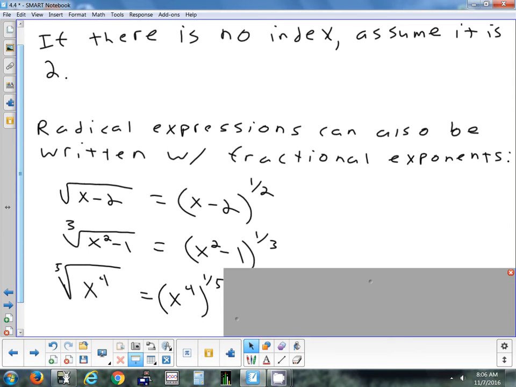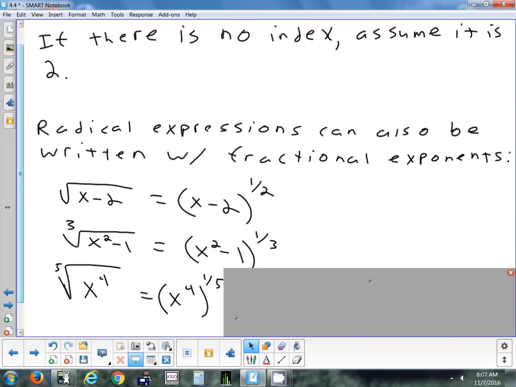Does anybody remember what you do with your exponents when you have a power to a power? You add them if you're multiplying, like x squared times x cubed. You add the 2 and the 3, and that'd be x to the 5th. But you don't add the exponents in this case.